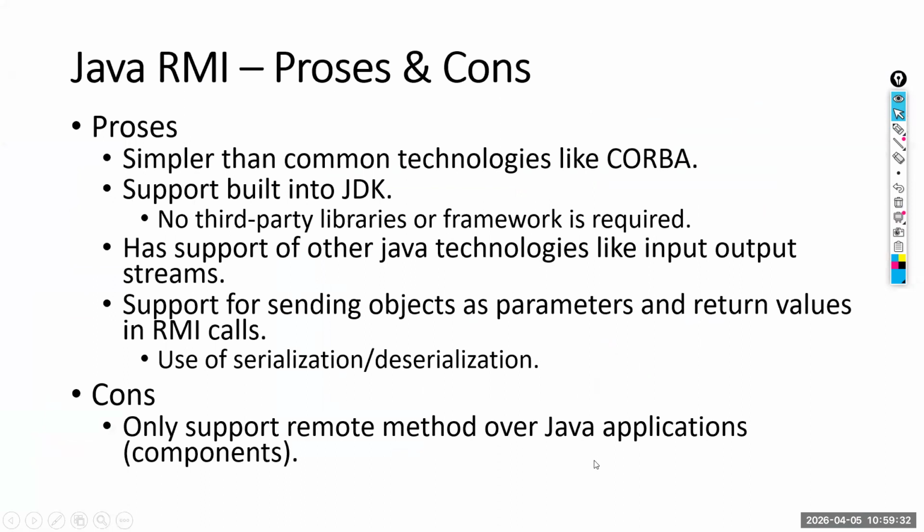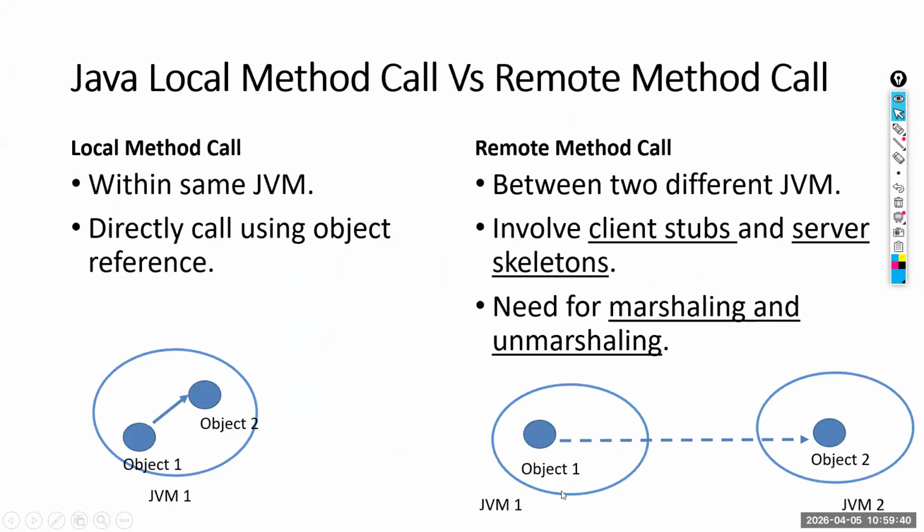Right. So the con is obviously that it's between Java to Java. This is the difference between a local method call versus a remote call. In a local method call, it's in the same JVM.